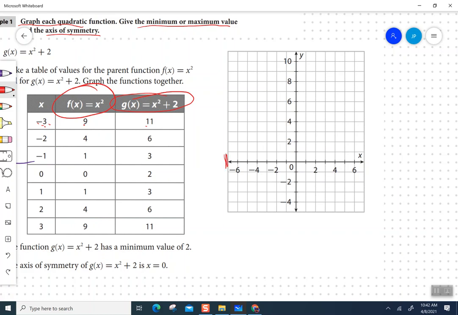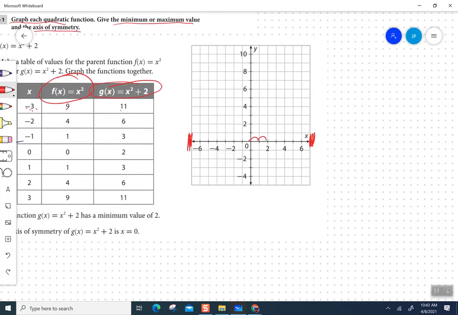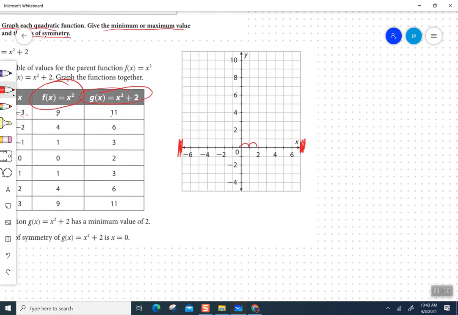Notice it's starting right here and it's ending right here. Remember, this is not the domain and range, this is graph settings. So it looks like I'm counting by ones. So for my X settings, I want to start at -7 and run all the way through all my X's until I hit +7 with steps of 1.